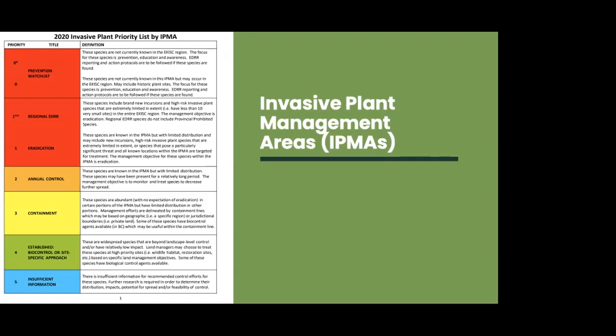So it's definitely site specific, but having these plant priority lists in each of our IPMAs just helps us to create different priorities for different plants in different areas, and helps us to be as efficient as we can in how we're dealing with them in each different region.